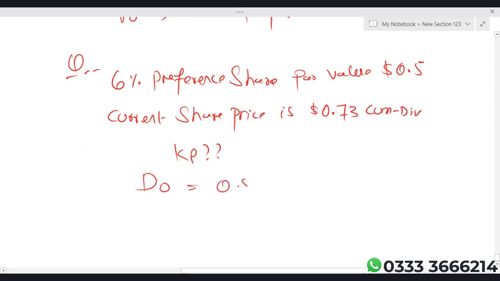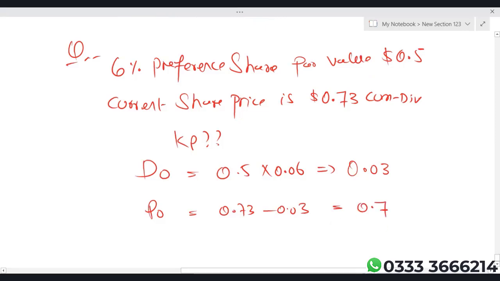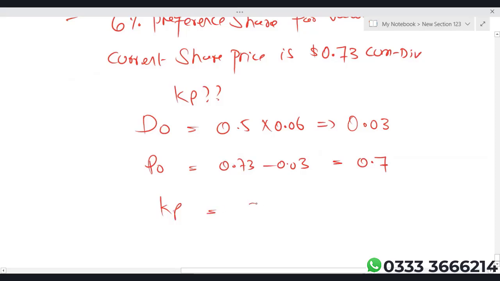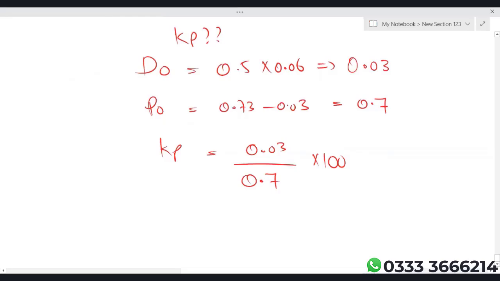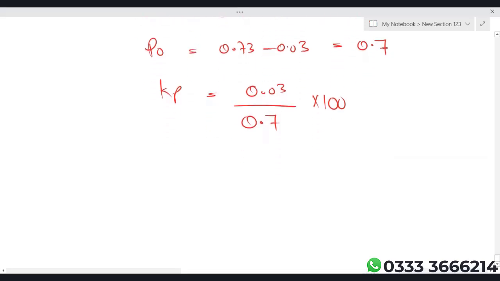D naught will be par value into 0.06. 0.73 minus 0.03, 0.7. So it is 4.285, or you can say 4.286.